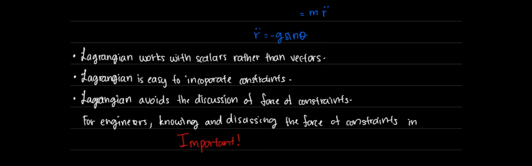And the Lagrangian avoids the discussion of forces of constraint. With the inclined plane problem using Newton's laws, we have to know in what direction the normal force acts, while when we are using the Lagrangian formalism, we don't even talk about the normal force. Isn't that great?